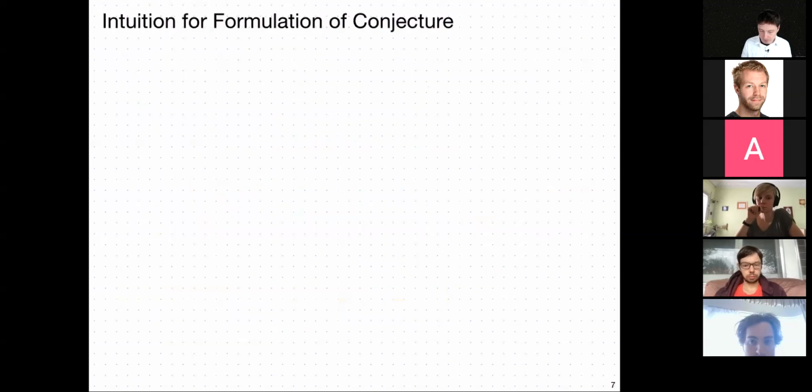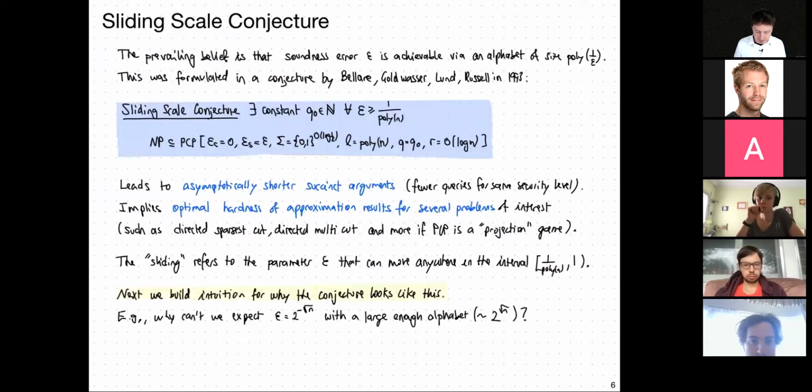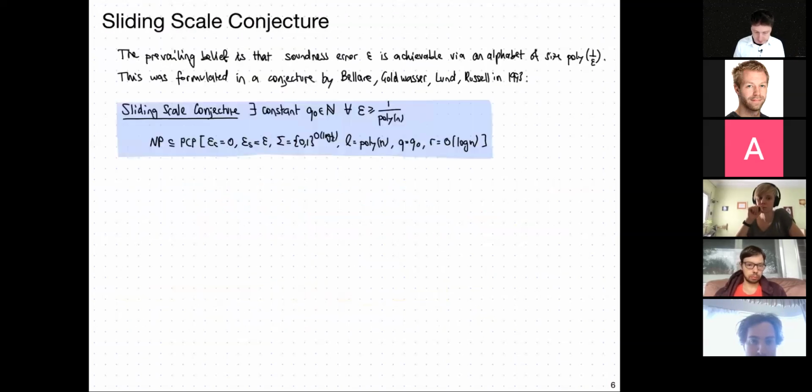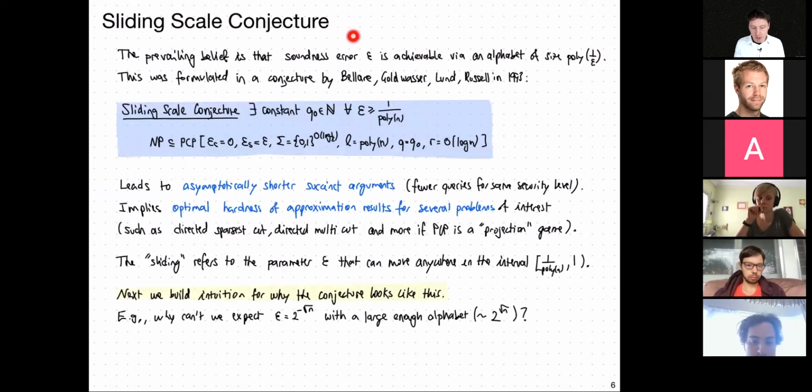Okay. Wait, let me just go back here. Any questions about this slide? So basically, the main point I would like you to take away today is that PCPs, and as we will see also IOPs, on their own with constant soundness and constant query complexity will at best give you 1 over poly soundness error, period, regardless of the size of the alphabet.